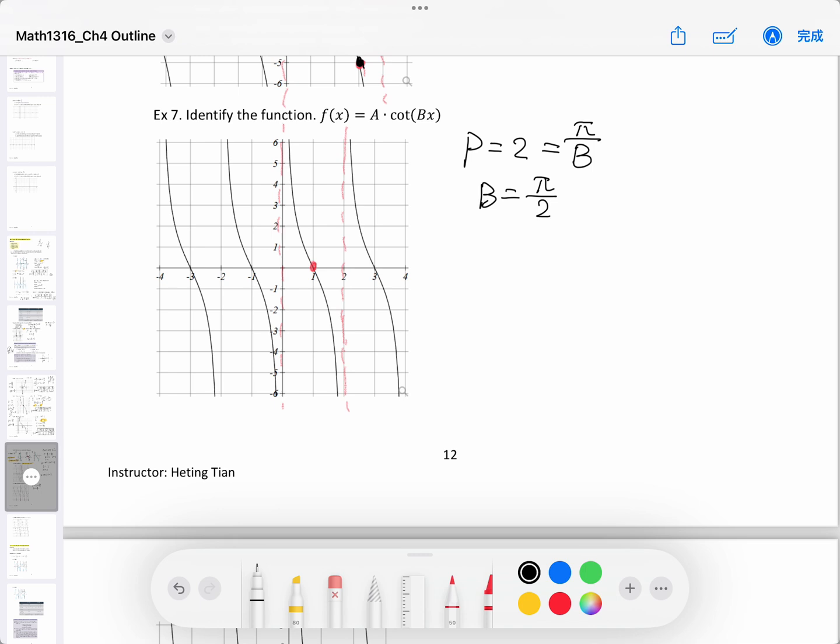How about a? What is the first quarter and the third quarter? First quarter is here, should be 0.5. Third quarter must be 1.5. So what is the y value? It is the point here and point here.